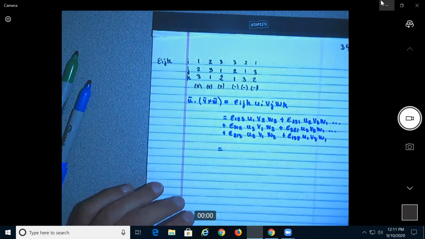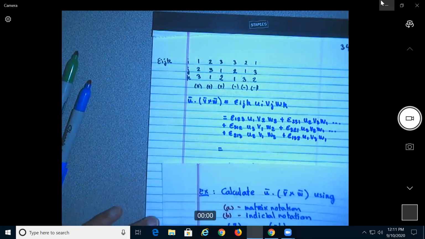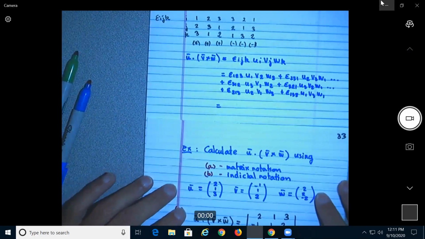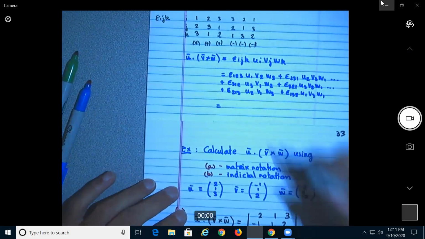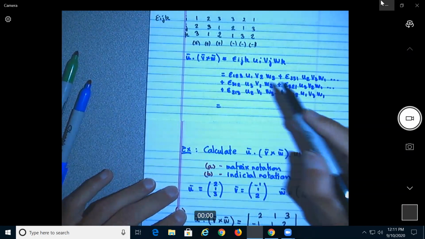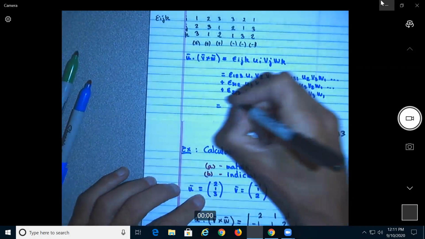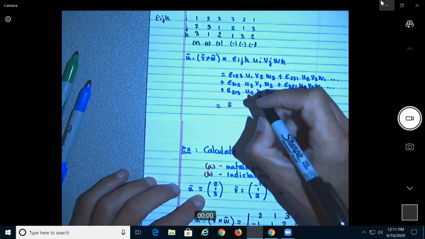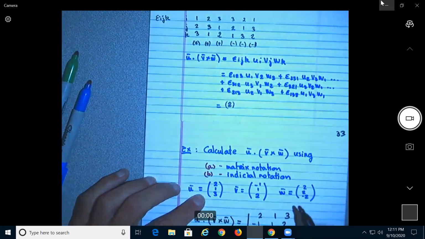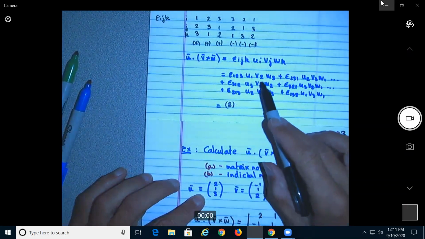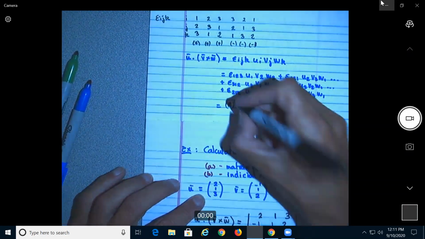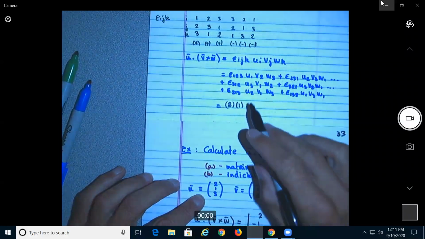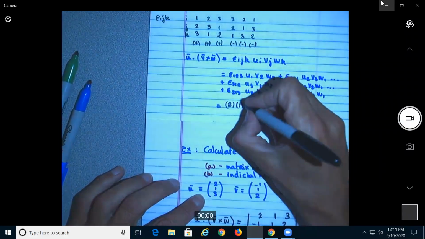So, if we look at the values we had before, we know this one is positive now. So what is u1? It's 2. What is v2? 1. And w3 is negative 2.